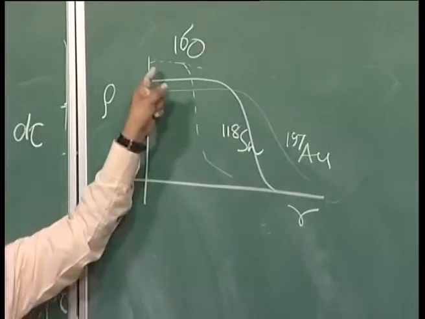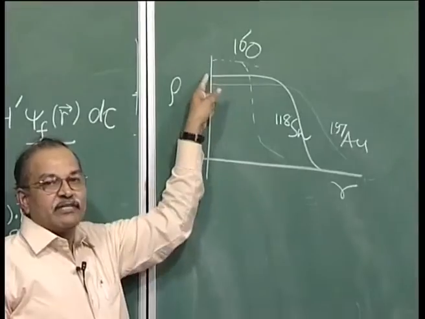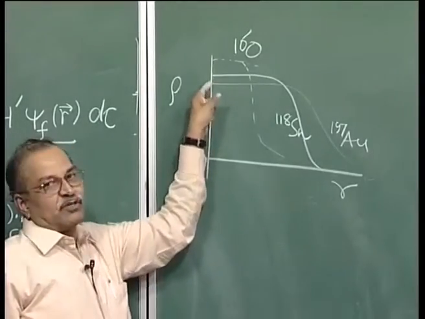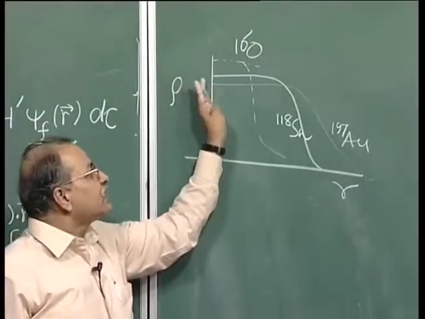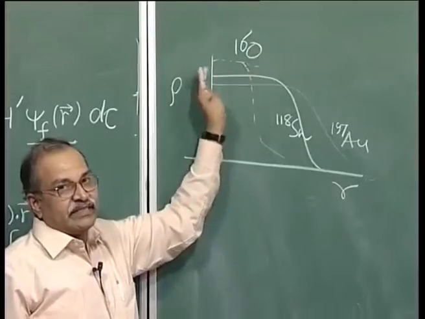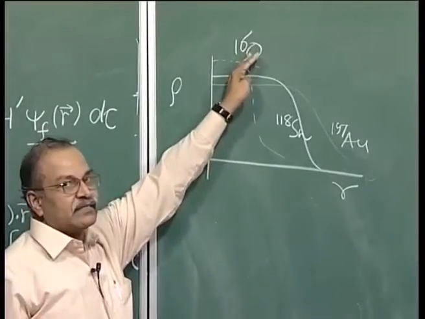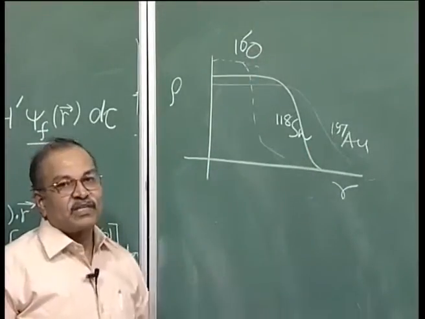So, lighter nucleus, more charge density at the center, heavier nucleus, less charge density at the center. Slight difference, not much, but still the difference is there. And this radius up to which the density is almost constant, that is of course smaller for the lighter nucleus and larger for the heavier one.